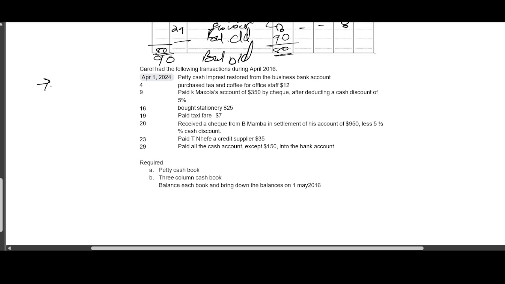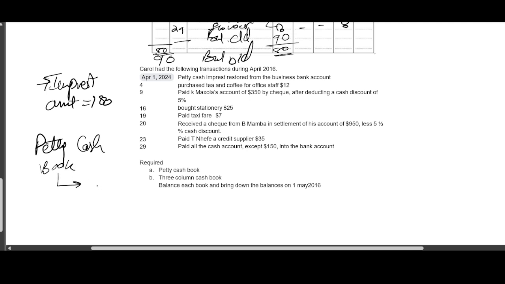In this question they said the imprest amount is 100, and in the petty cash book you have to record the below $50 transactions. You have to consider this when you solve this question.